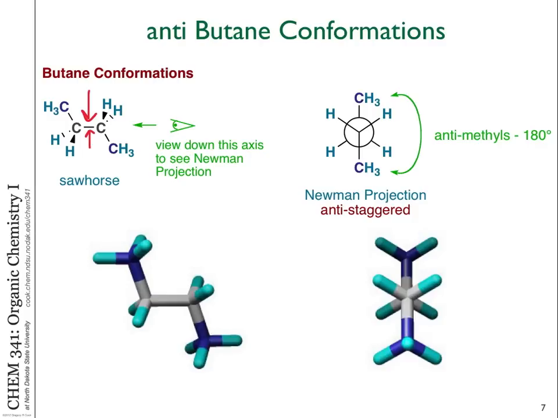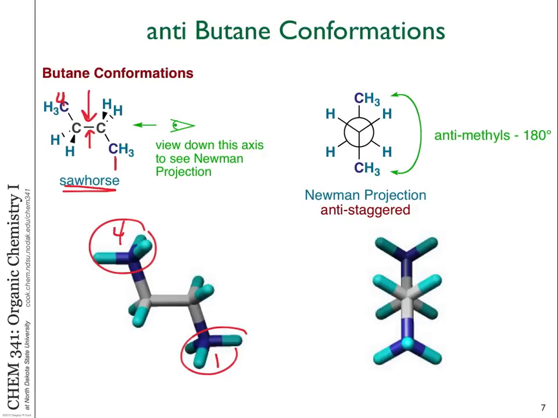Okay, so if I look at this, when I've drawn the sawhorse picture here, and you can see a stick model of that below, I have placed the methyl groups that are on the front carbon and the back carbon, carbon 1 and carbon 4, on opposite ends, right?